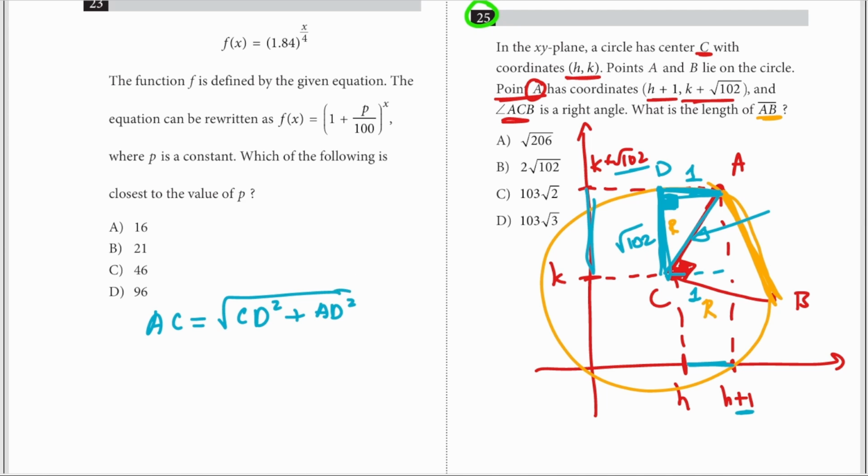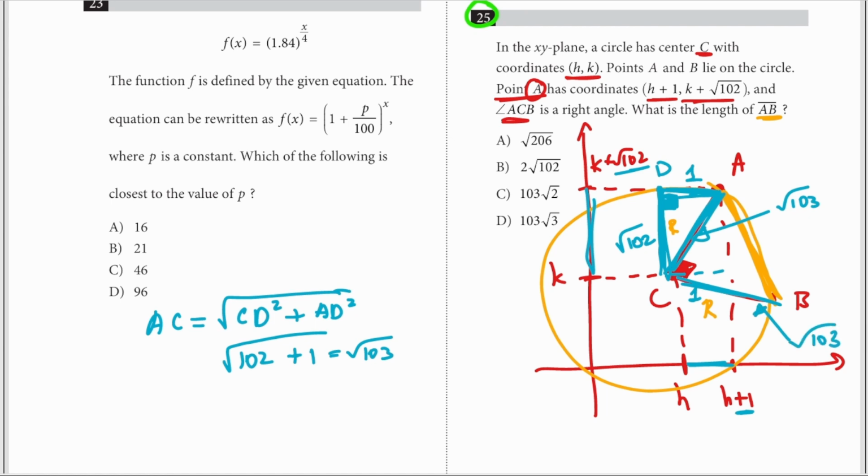Now CD is root 102, so CD squared is 102. AD is 1, so AD squared is also 1. So therefore it's just root of 102 plus 1, which is root of 103. So this side AC, which is the radius, is root 103. Therefore that side is also root 103, because they're both radii.